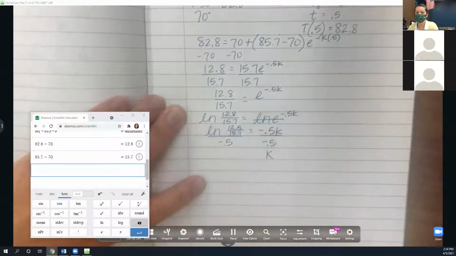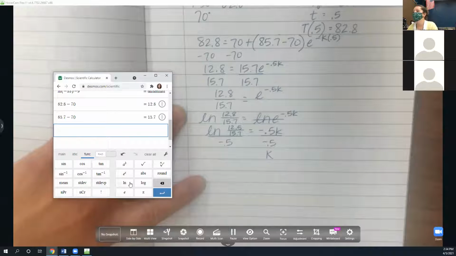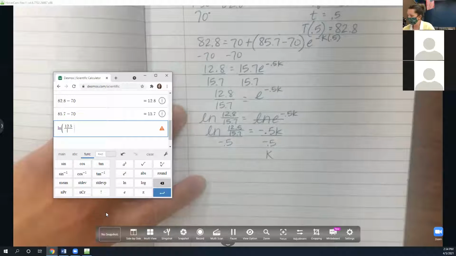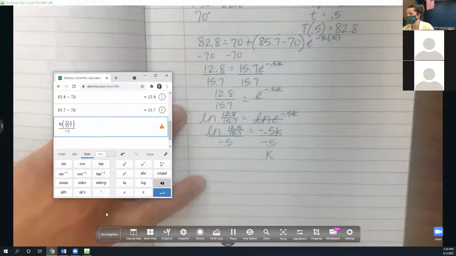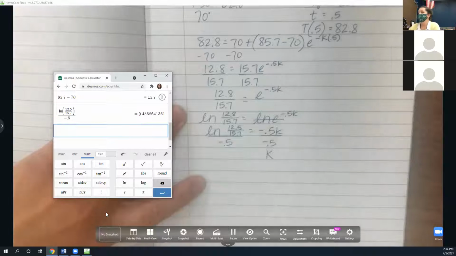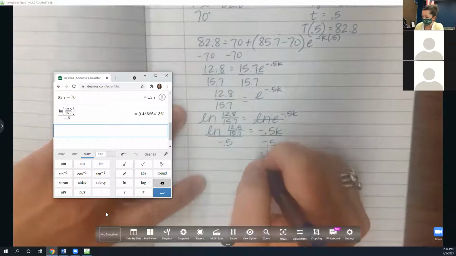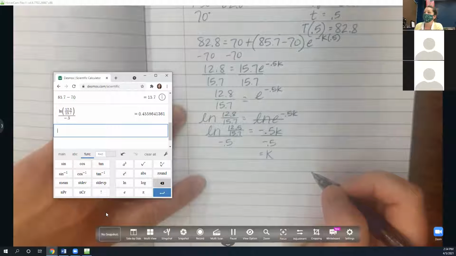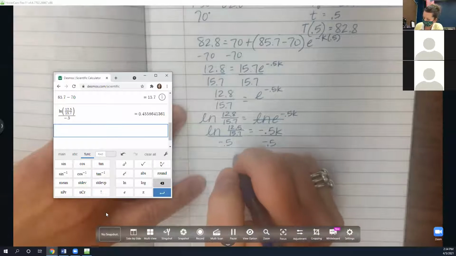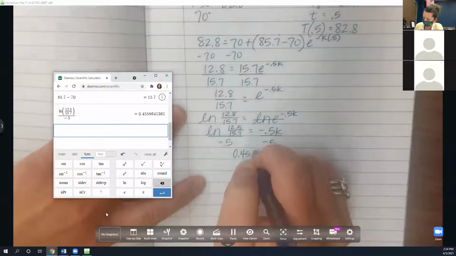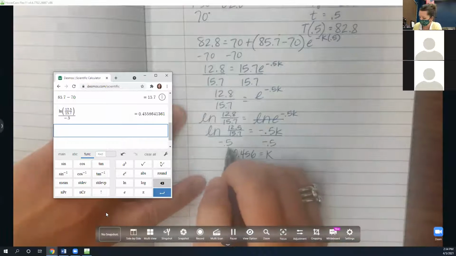So, natural log of 12.8 divided by 15.7, close your parentheses, divided by negative 0.5. And our cooling constant, or decay constant, is 0.456. We'll use that number.